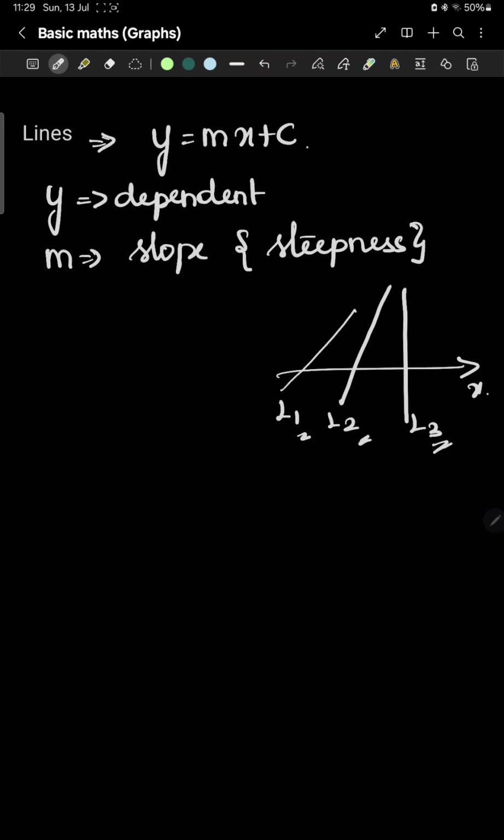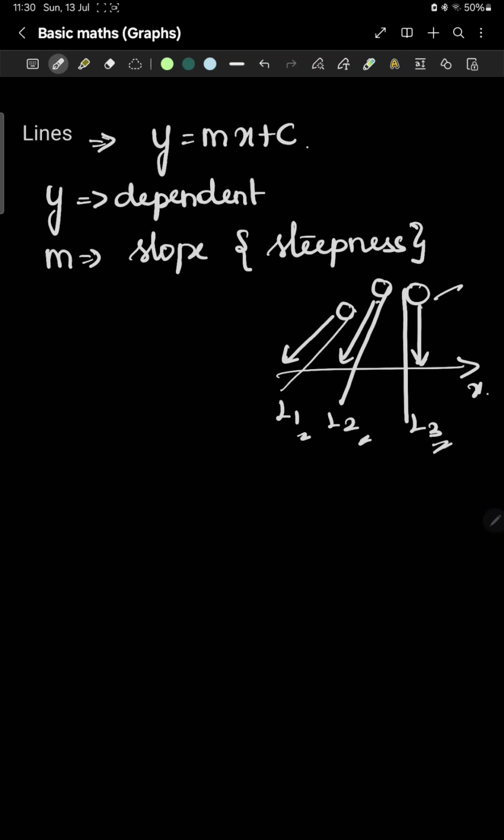We can say that when we keep an object here, if the line is more steep, the object will fall very fast. When I compare these three lines, the object here will fall down very fast when compared to the objects in the line L1 and L2.